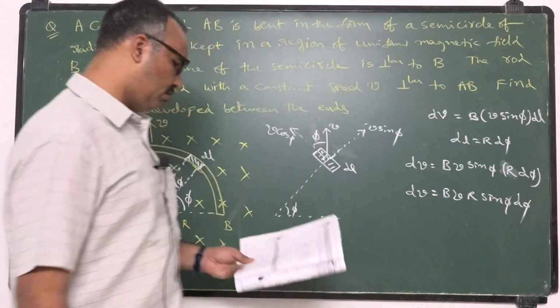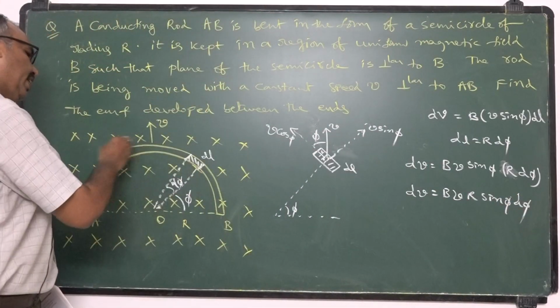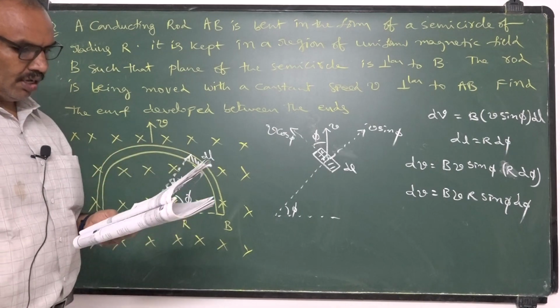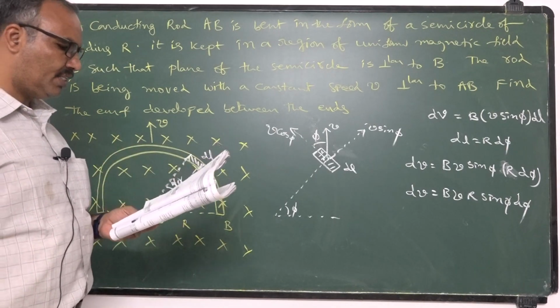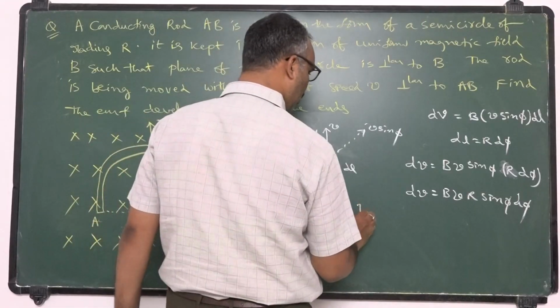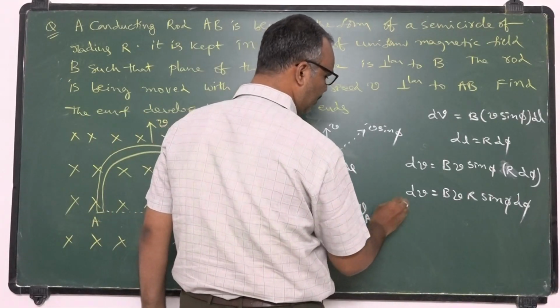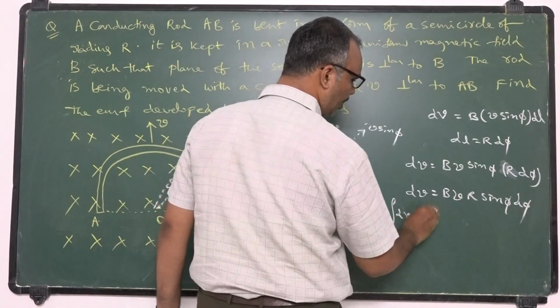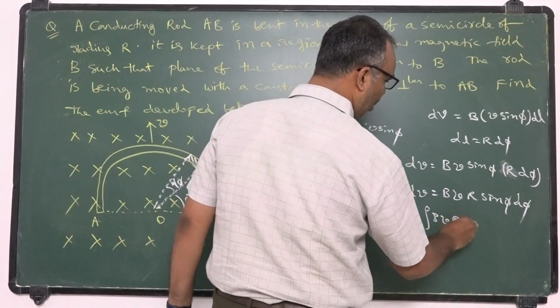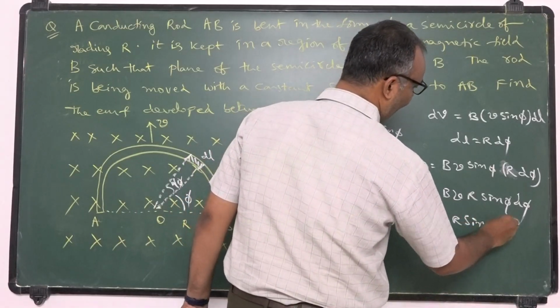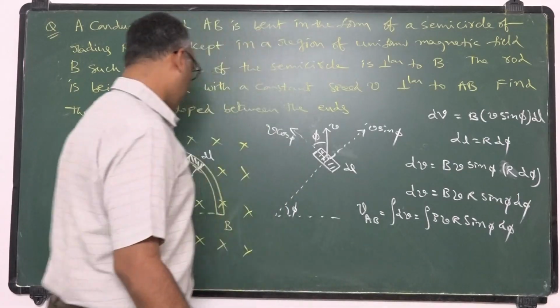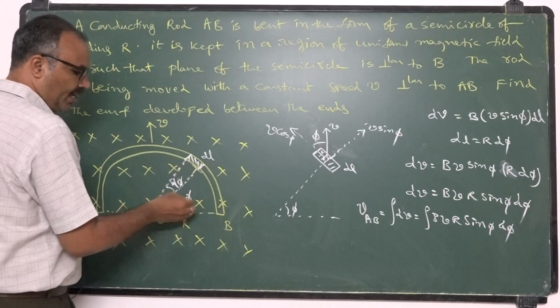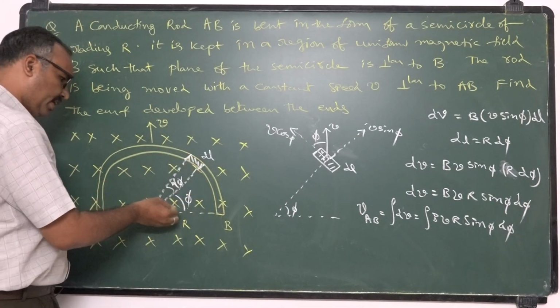In order to have the EMF due to the entire rod, we should integrate on both sides. So the EMF developed between A and B is the integral of dV, that is the integral of B v r sin phi d phi. If you take this element here, phi is 0. If you take this element here, phi is 180.